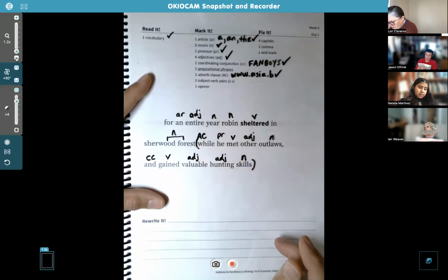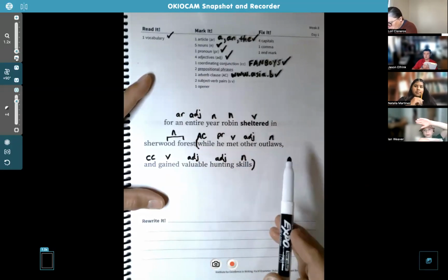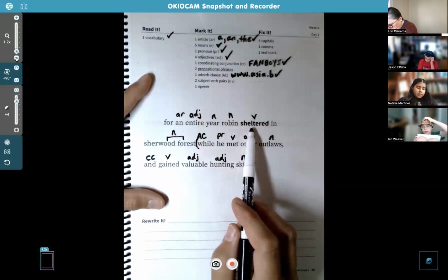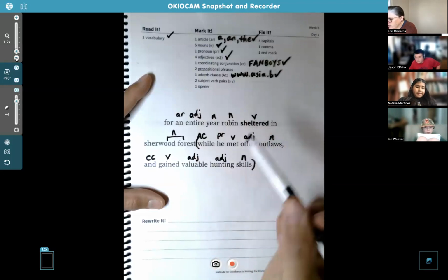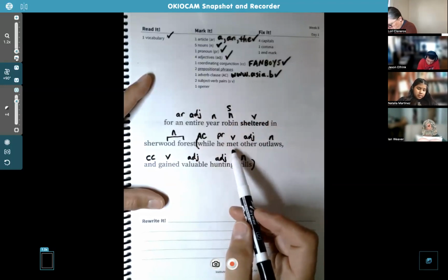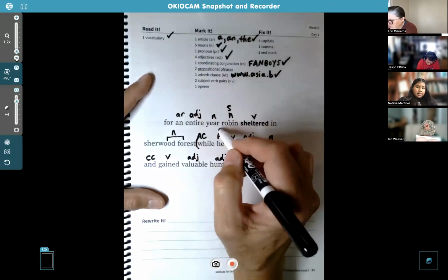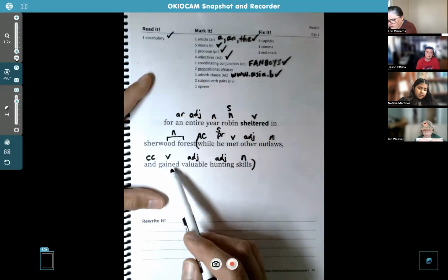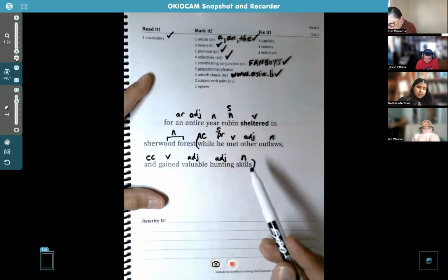Those are the verbs. And now, Natalia, what are the subjects that pair with those verbs? So who sheltered? Robin. Good. And then who met? He. Good, yes. And then that's also the same subject with gained because that goes together inside that clause.